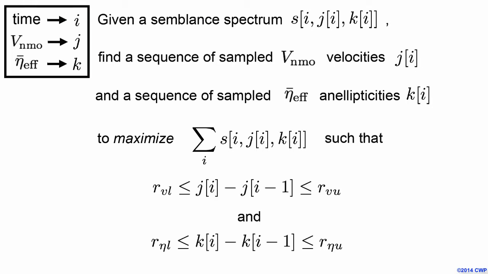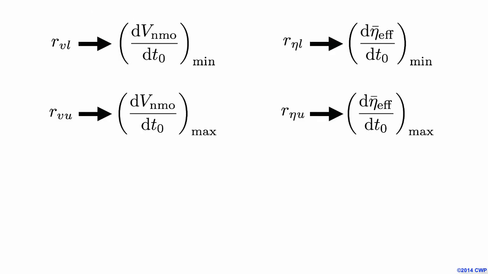So again, this is subject to constraints on how fast VNMO and eta can change with time. So naturally, these parameters relate directly to the derivatives of these effective parameters. So the bounds of the constraints in dynamic warping are directly related to the derivatives of these parameters that we're estimating.